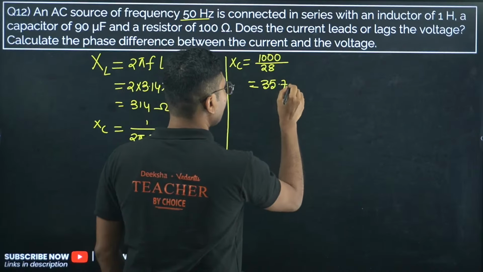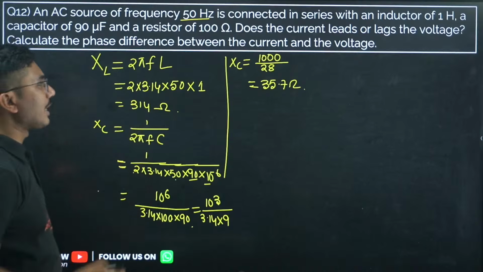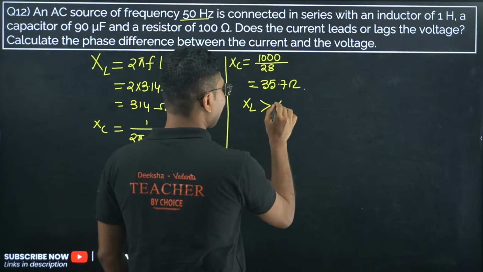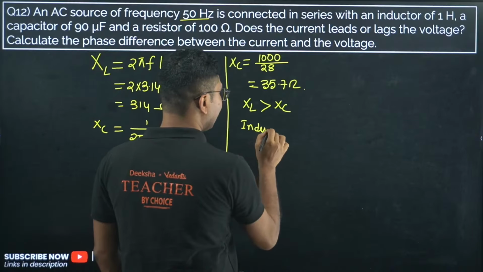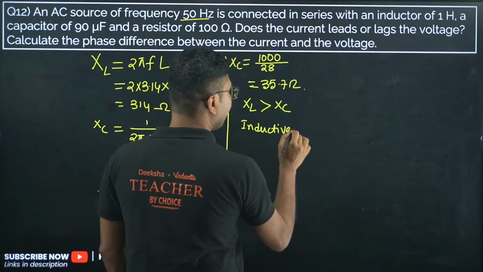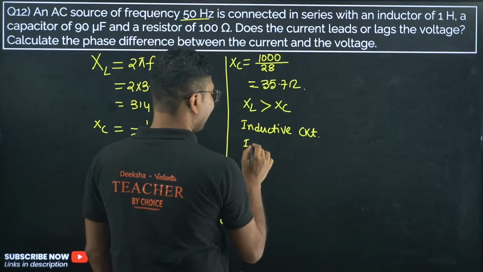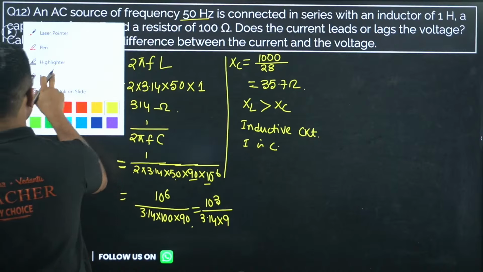35.7 ohm. Okay, so as you can see, XL is more than XC. So we see that XL is greater than XC. That means it is an inductive circuit. Inductive circuit means current is lagging the voltage.